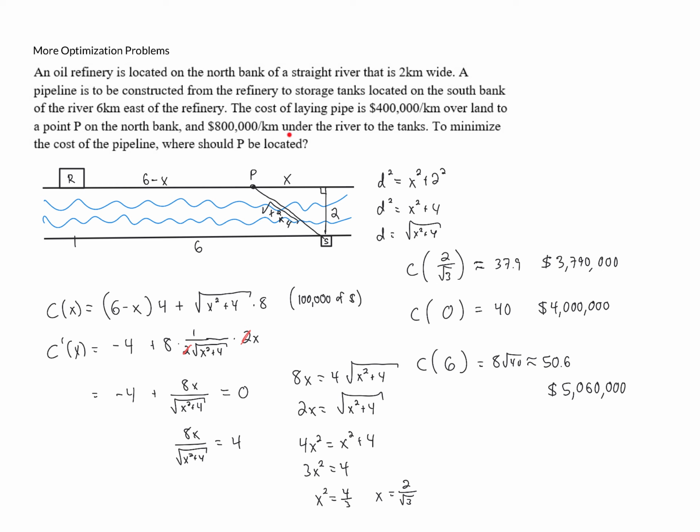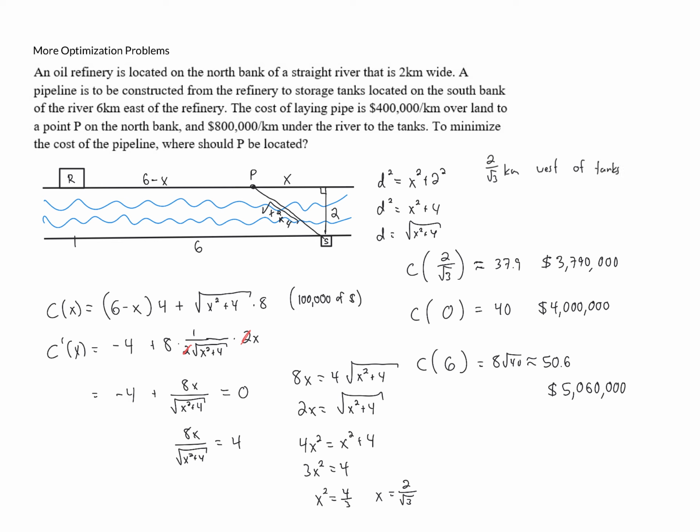So we're asked, where should P be located? So it should be located 2 over root 3 kilometers west of the storage tanks.